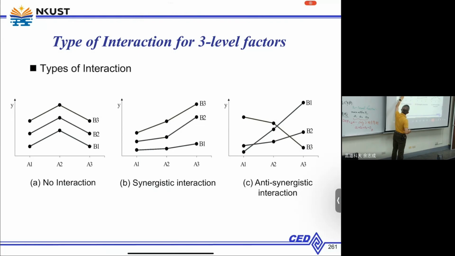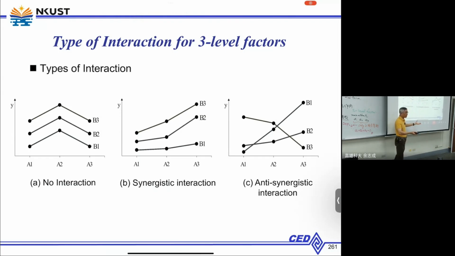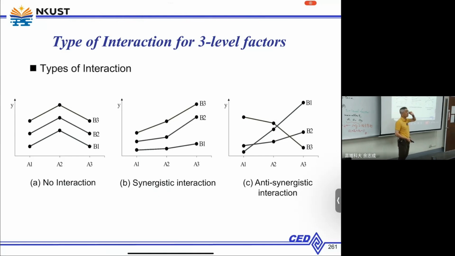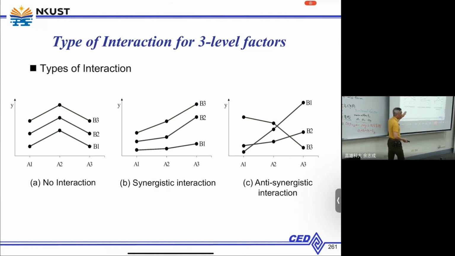And then compare this and that to see whether they are parallel or not. But you don't need to make the third comparison, because you can conclude from the previous ones. If these 2 are parallel and these 2 are parallel, then these 2 will be parallel. So there will be 2 comparisons. On the right, again, there are 3 line segments, and you have to make two comparisons to determine whether there is interaction or not.